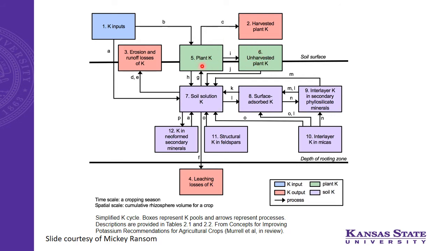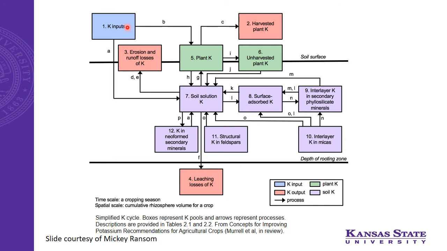So this is living biomass, and there is some feedback to the soil solution. There's some loss due to harvested plant potassium, so the potassium that's in the grain or in biomass if it's forage. There's some loss due to erosion and runoff.